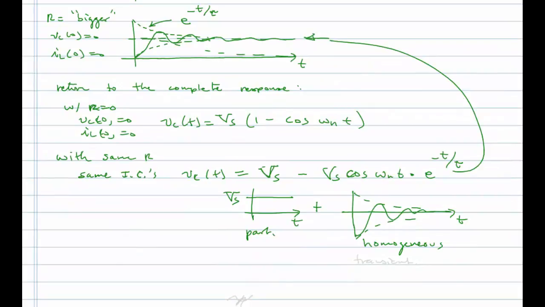Homogeneous or transient. So now we have an idea of what we're going to look for when we grind through the math. We have yet to show that that's actually the case, so we'll take this into consideration as we actually solve the differential equations for the RLC circuit.